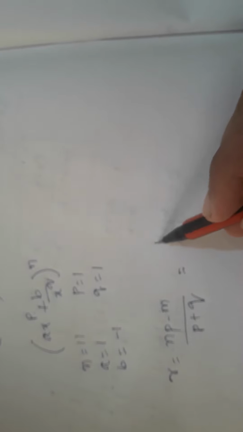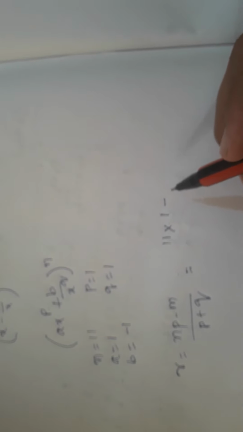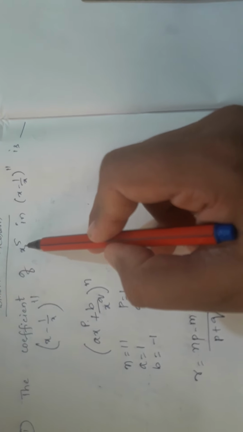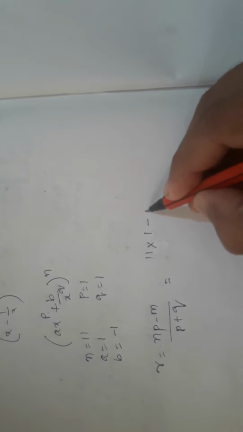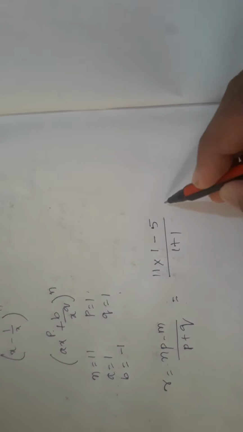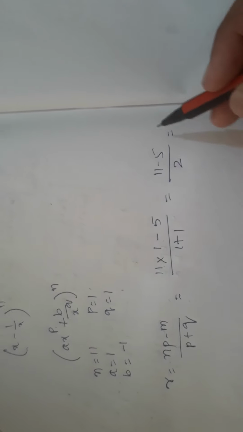Here n value is 11, p value is 1, and m value is the power of x given in the question, that is 5. p plus q is nothing but 2. So 11 ones are 11, 11 minus 5 is 6, 6 by 2, that is nothing but 3. So we got r value as 3.